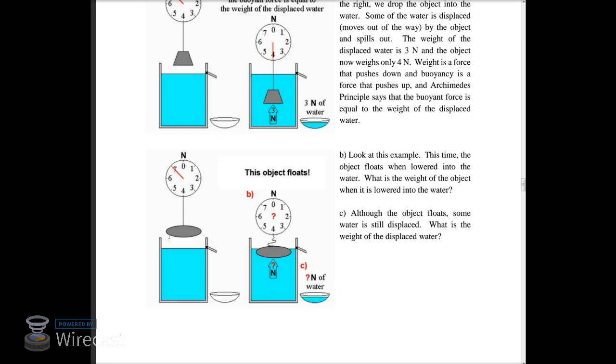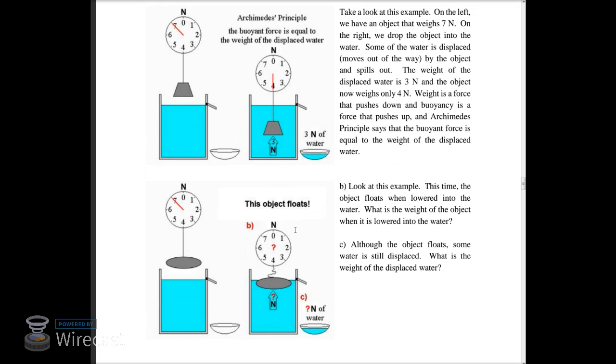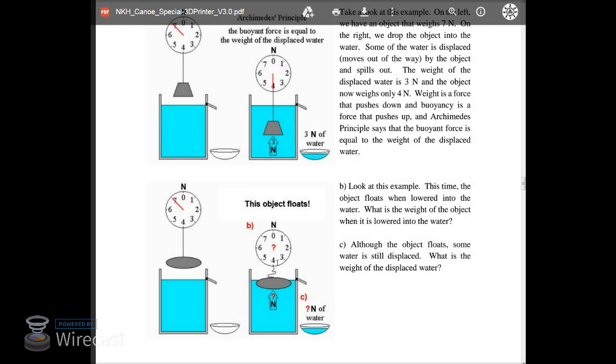If the object is 7 newtons out of the water and then you put it in the water and it floats, that means the object went from 7 newtons to 0 newtons, which means that 7 newtons of water spilled out. In other words, it became 7 newtons lighter. So it started off at 7, you put it in the water, it became 7 newtons lighter, and now it has 0 weight.